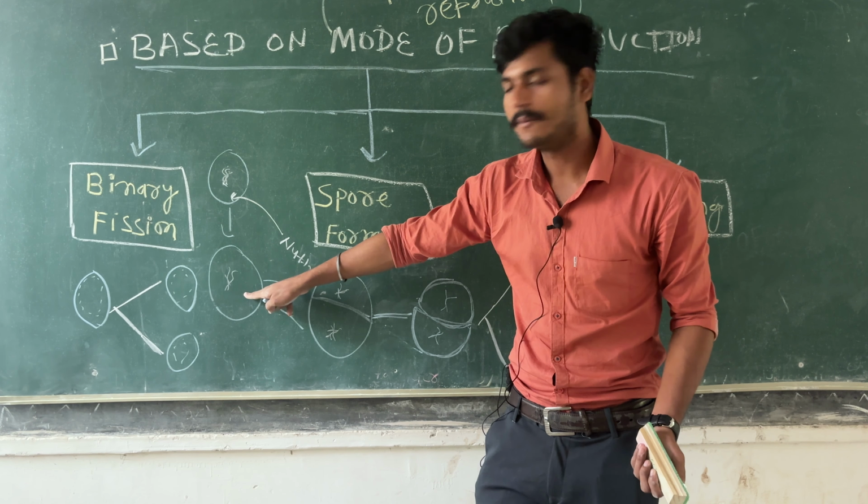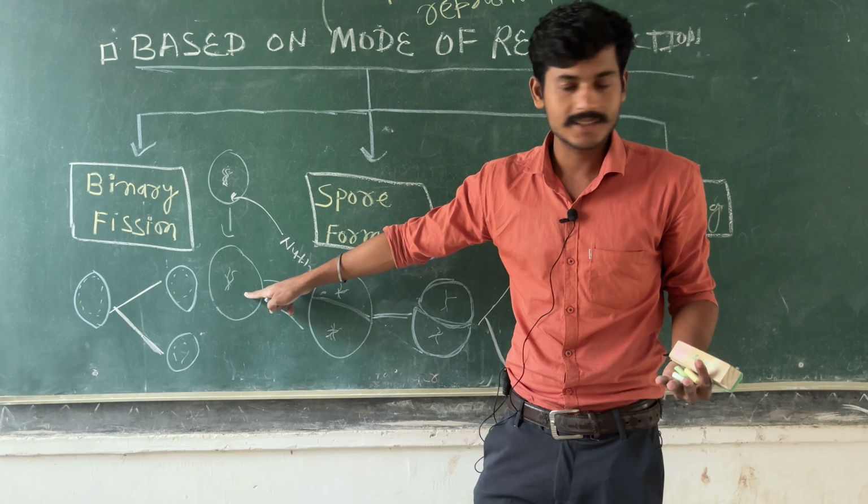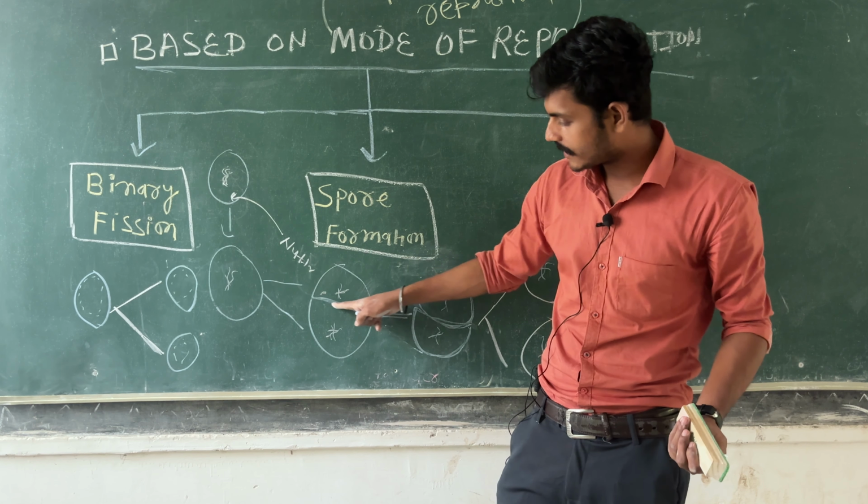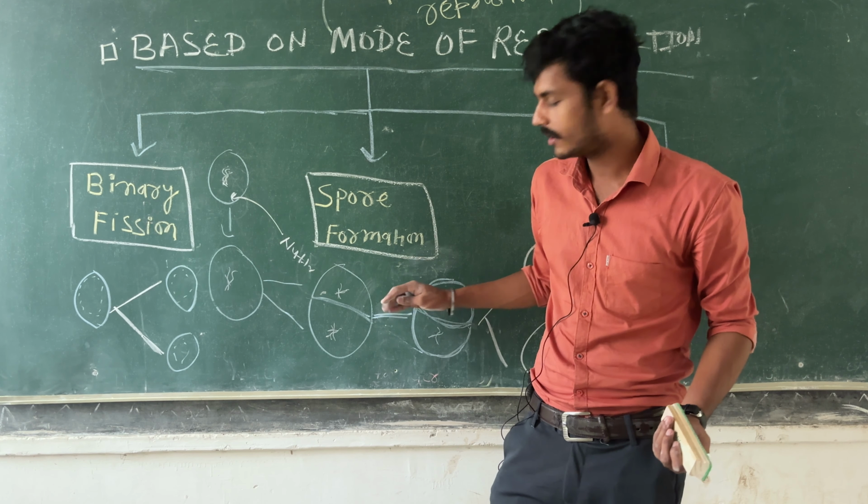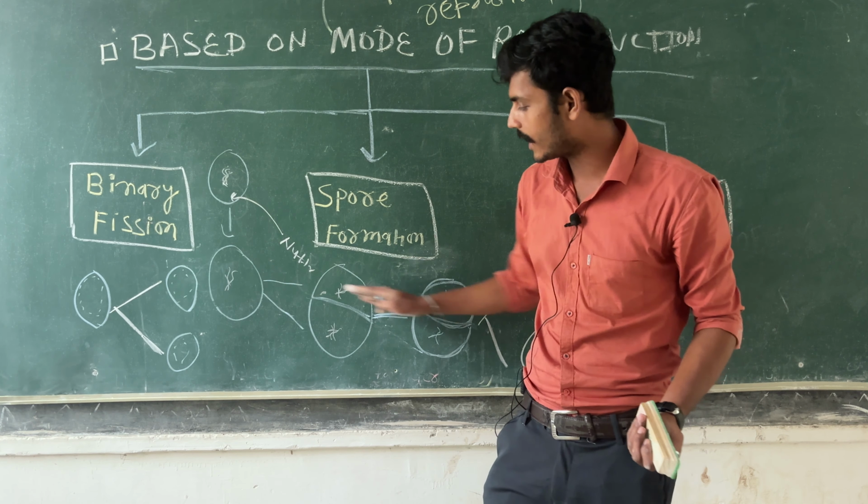Then they increase their size. Then there is a fissure formation, basically a line that separates the bacteria. There is division of the nuclear material, and then two bacteria will form. Clear? No problem?